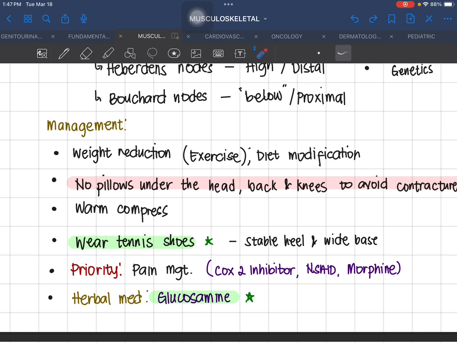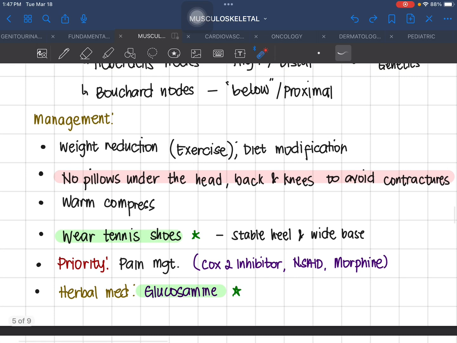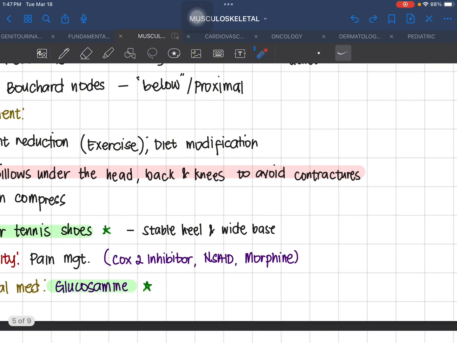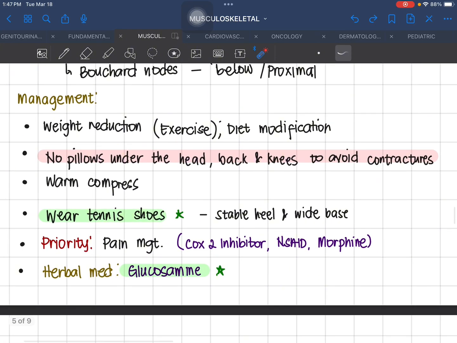Isa din sa dapat i-avoid ni patient ay ang paglalagay ng pillow sa ilalim ng ulo, ng likod, at ng tuhod. So, no pillows under the head, the back, and the knee para ma-avoid yung contractures. Pangatlong management, warm compress.